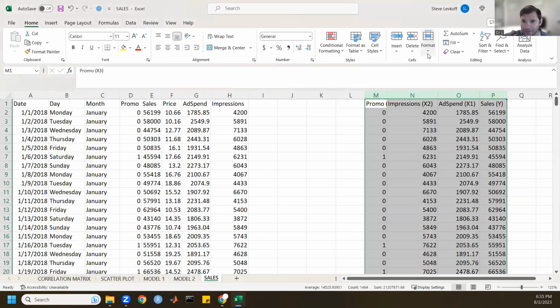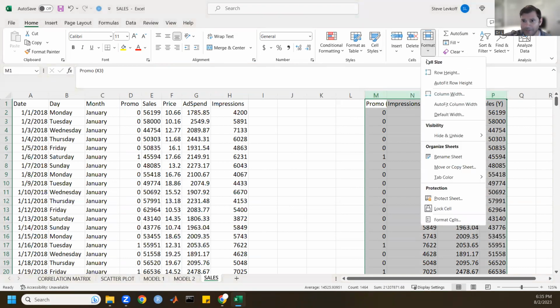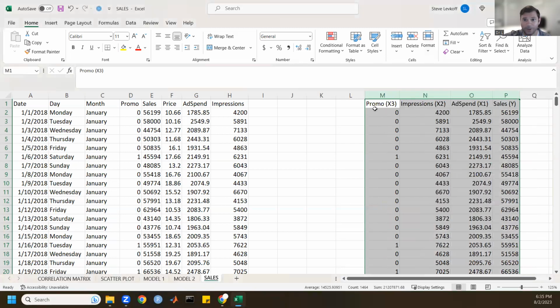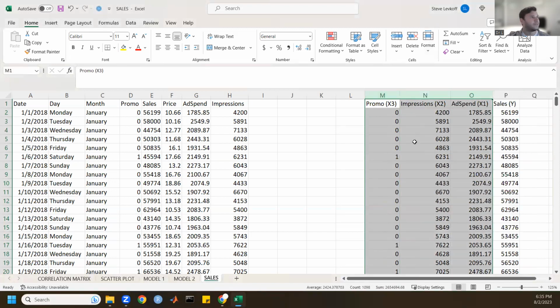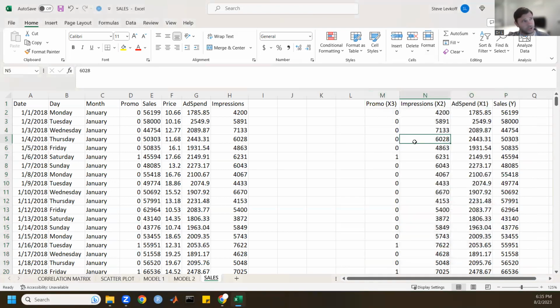Okay, so we're now going to consider building another multivariate model, not a bivariate one, where we're going to predict sales, but we're going to include all three of these X variables. We saw that impressions was not significant when we controlled for ad spending as well. Okay, let's see what happens with the promotion. How does the promotion affect sales?